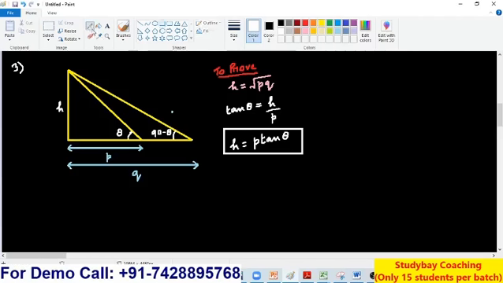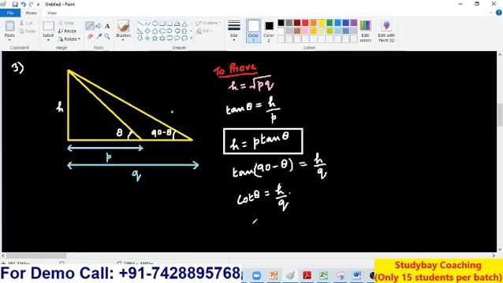Now next case is tan 90 minus theta. This will be equal to h upon q. Now tan 90 minus theta is cot theta. This cot theta will be equal to h upon q, right?